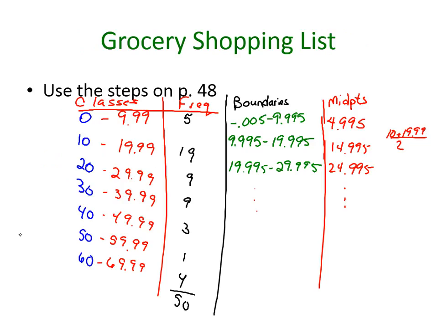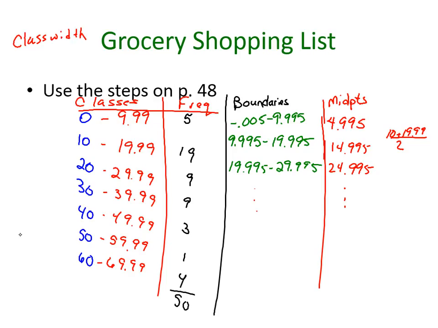It will give you the same answer either way. The difference between 20 and 10 is 10. The difference between 19.995 and 9.995 is 10. So to find that class width, you're just subtracting those different values.